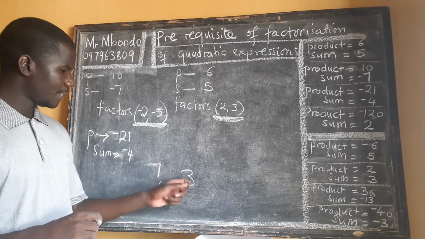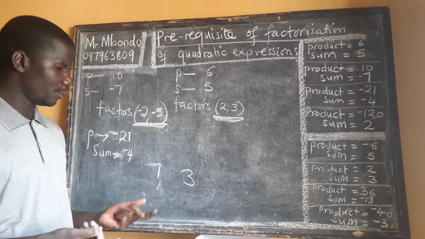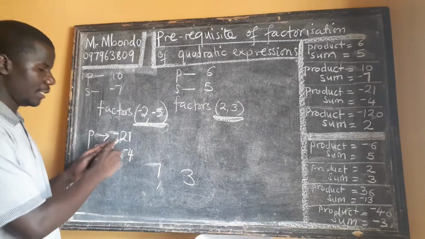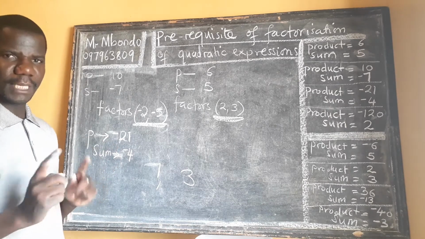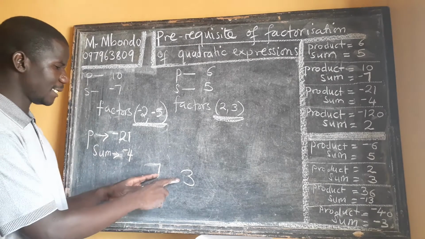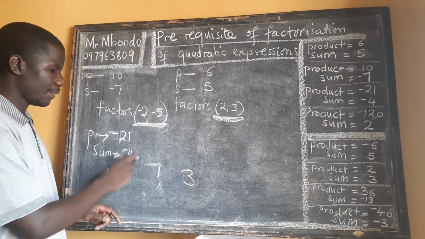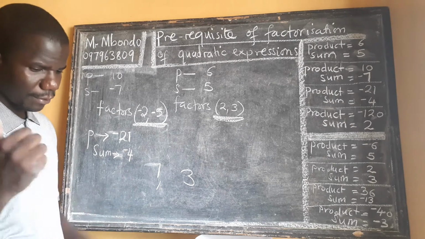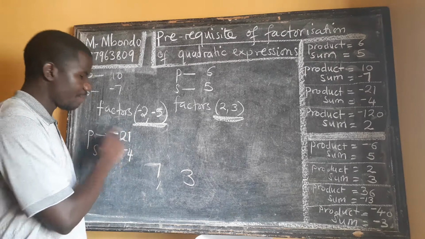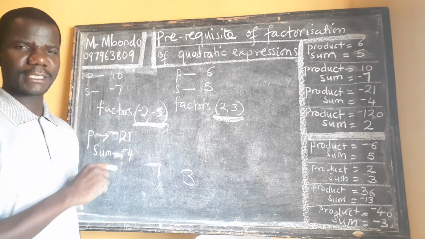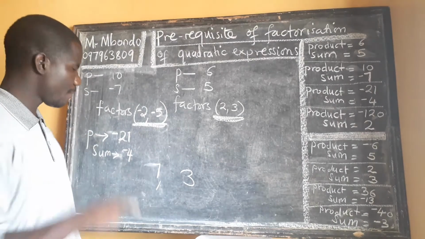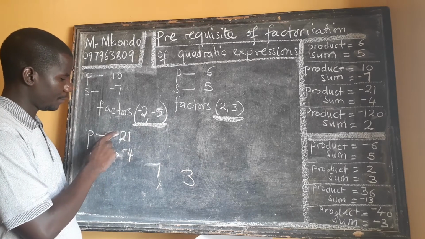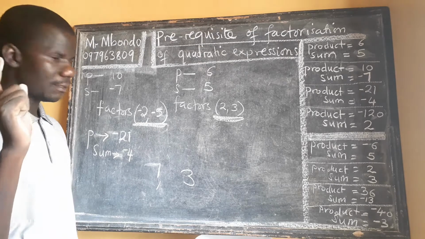Then, when we multiply these two, they will give us positive 21. So then there's a challenge there. But here we have negative what? Negative 21. Again, if we add them, they'll give us something different, which is the positive 10. So for a product to have a negative, it means only one factor has a negative.